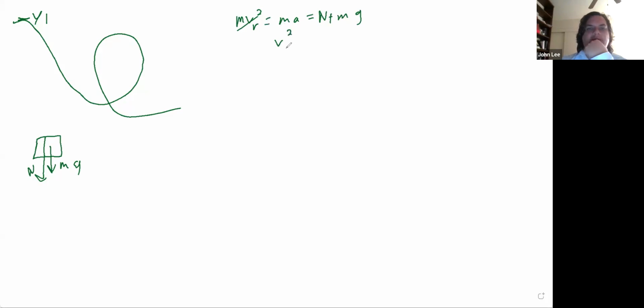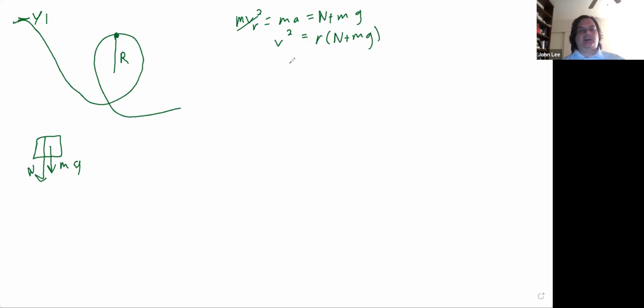V squared at this point at the top of the loop-to-loop with radius r is equal to r times n plus mg, which is interesting.